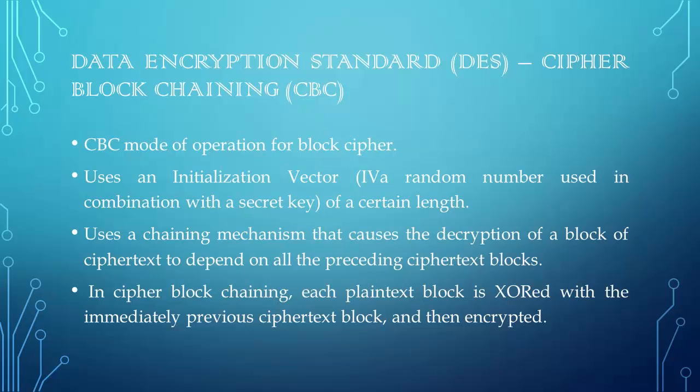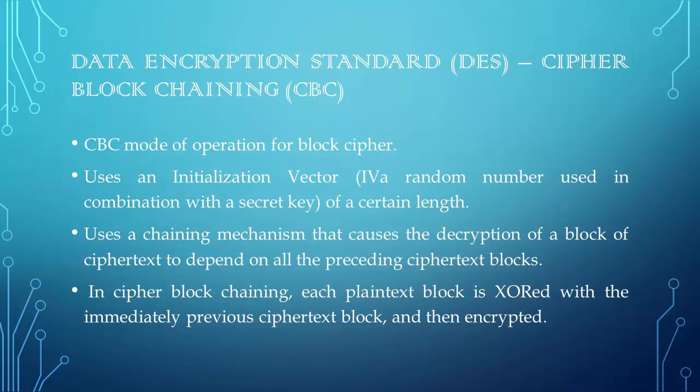is a mode of operation for DES. In case I did not mention it, a block cipher is one in which a sequence of bits is encrypted as a single unit or block with a cipher key applied to the entire block. Cipher block chaining uses what is known as an initialization vector of a certain length.